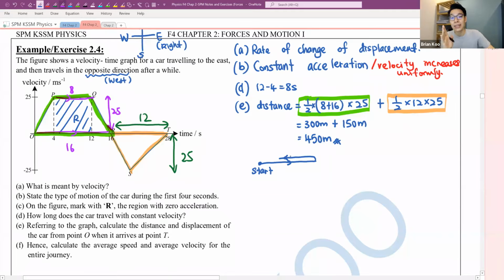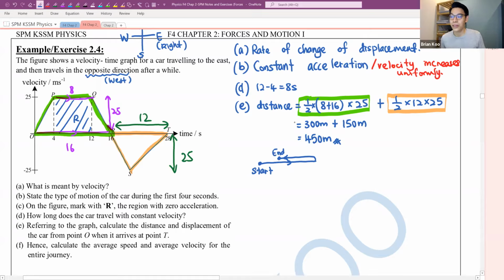So the displacement, by definition, is the shortest distance from the starting point to the end point, right? I hope you all have listened to this sentence until very sian already. That would mean that it's better embedded in your brain, I hope. From the starting point to the end point, right?